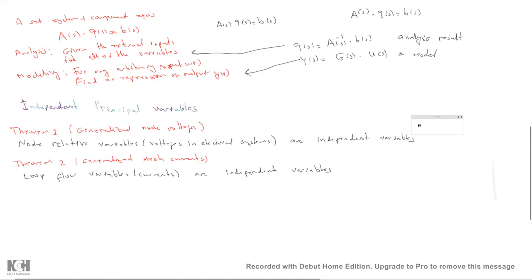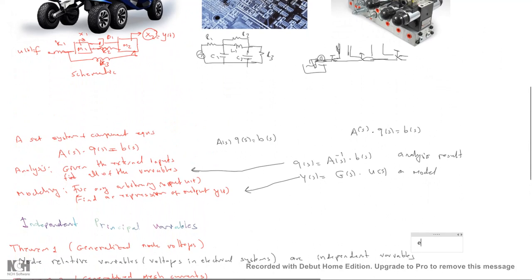Now, if you go back to previous examples, here we have a bunch of systems, and once we have the system defined, after the schematic, we will try to obtain a graph representation.